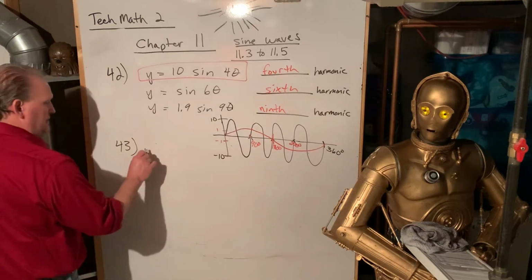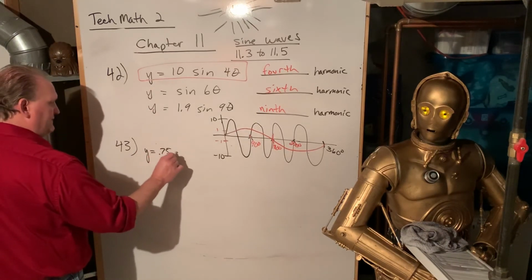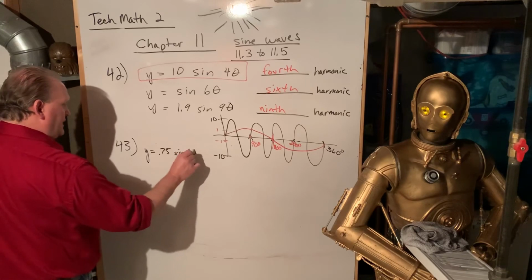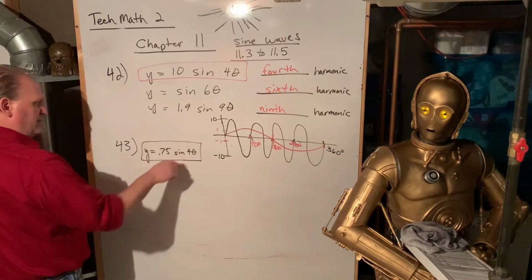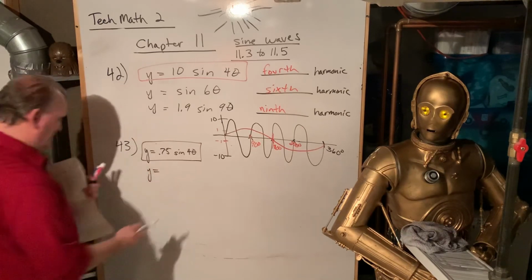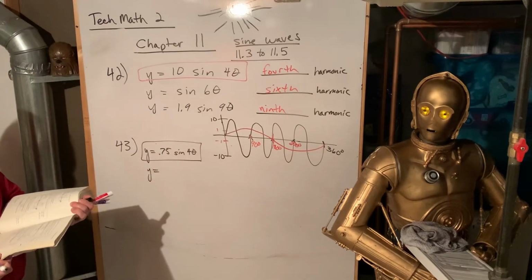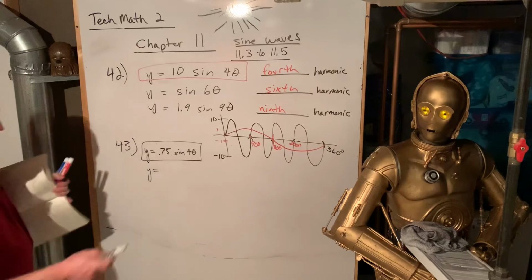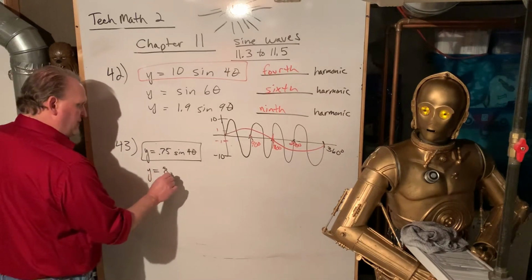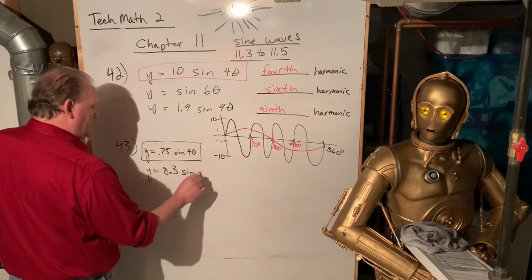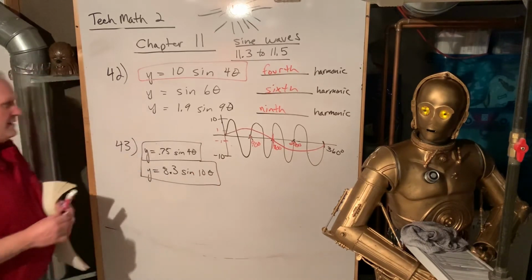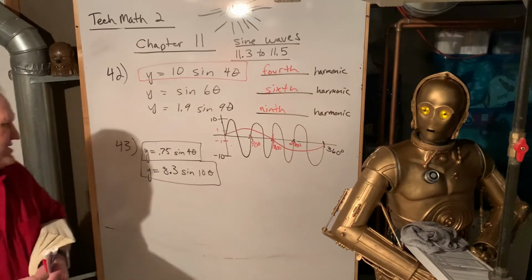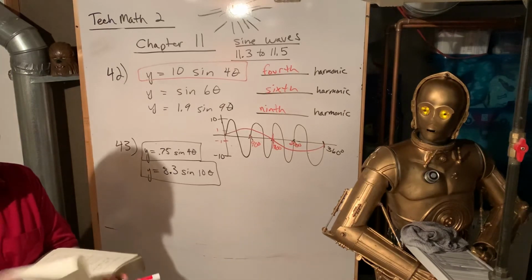Well, that would be 0.75 sine 4 theta. That's it. They gave you the amplitude and they gave you the harmonic. The second one is a 10th harmonic with an amplitude of 8.3. So that'd just be 8.3 sine 10 theta. All right. So that's just kind of knowing the terminology for those.